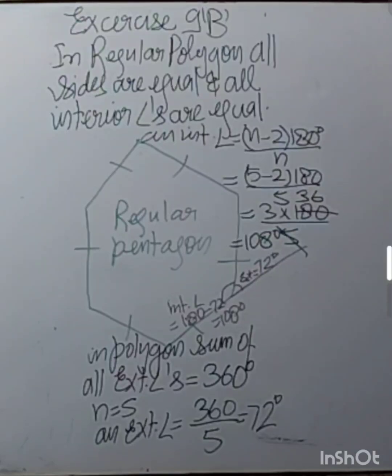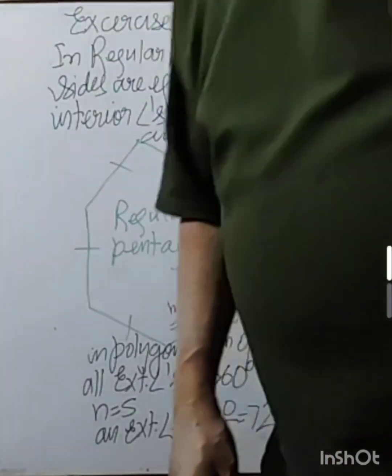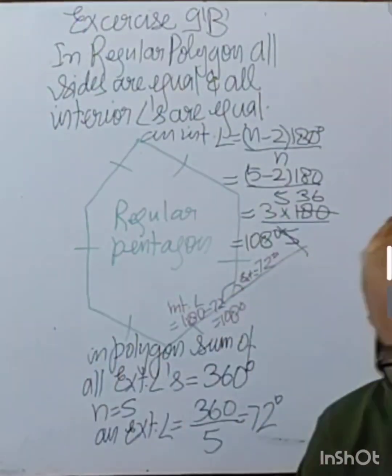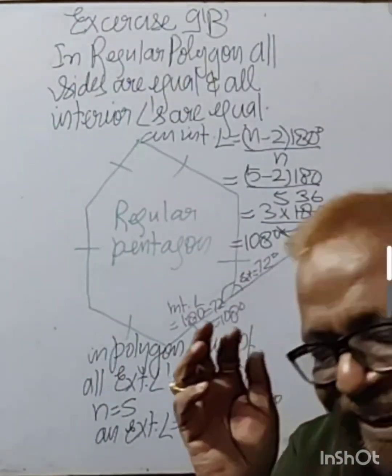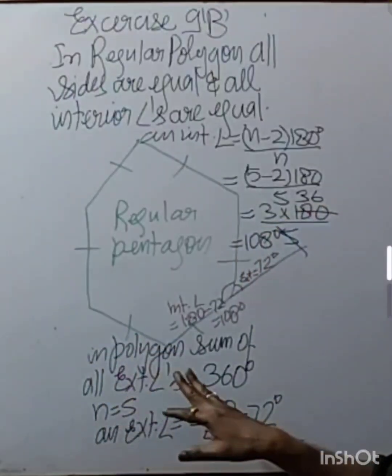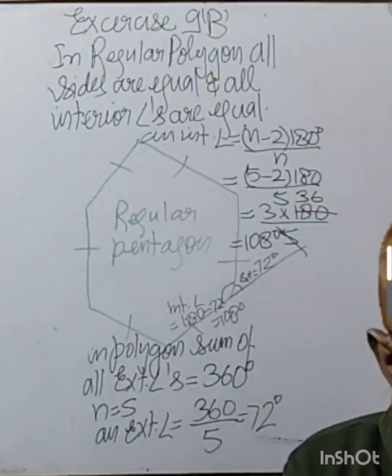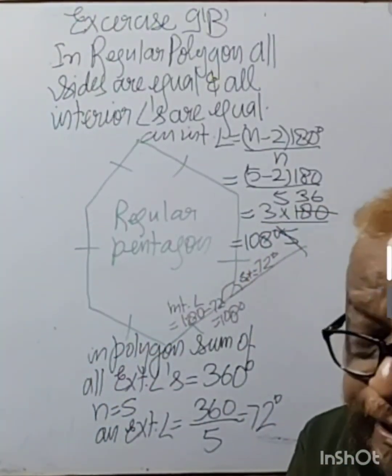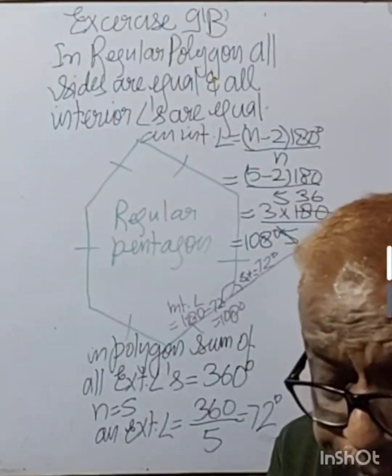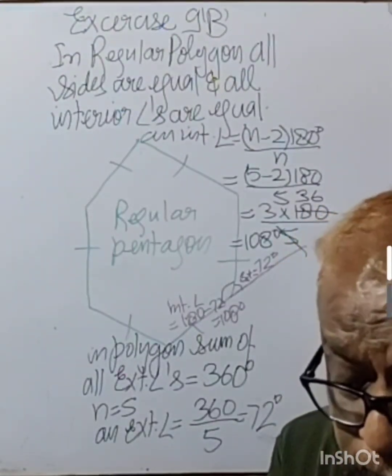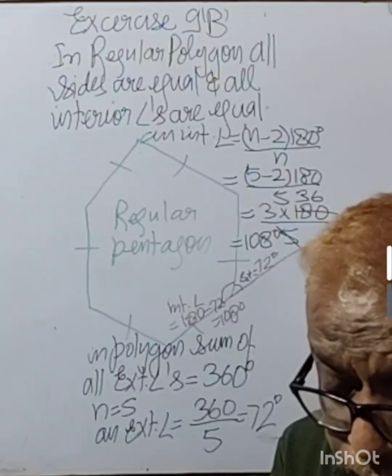For all polygons, the sum of all exterior angles of a polygon is equal to 360 degrees, right?